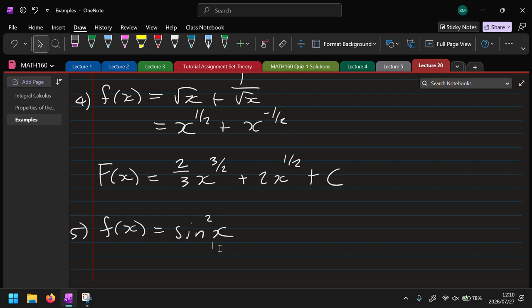You could say sine squared x plus cos squared x is 1, but then you're just replacing sine squared with cos squared. It's the same difficulty. But good thinking, very close.